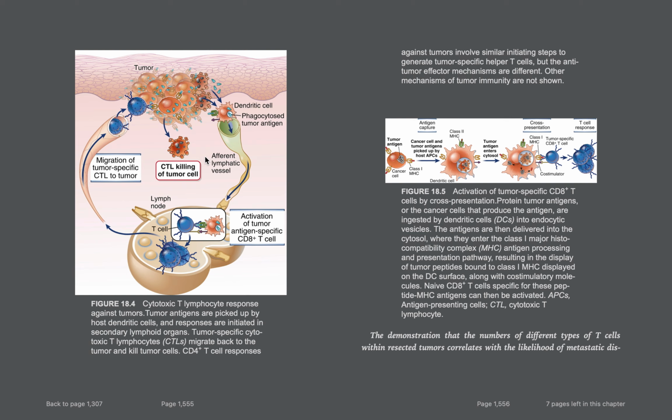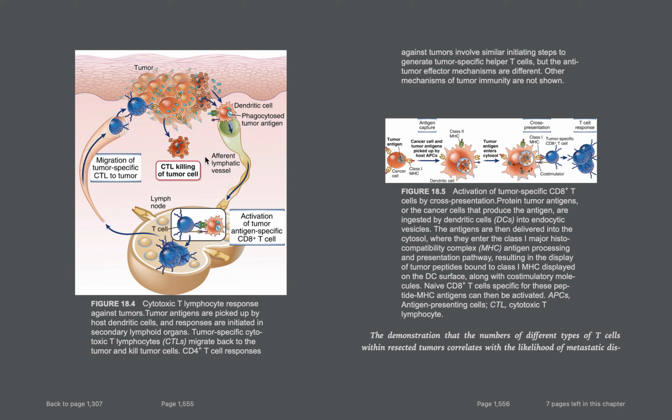A protein tumor antigen, or the cancer cell that produces the antigen, is ingested by dendritic cells into endocytic vesicles. The antigen is then delivered into the cytosol, where it enters the class 1 MHC antigen processing and presentation pathway, resulting in the display of tumor peptide bound to class 1 MHC on dendritic cells, along with costimulatory molecules.